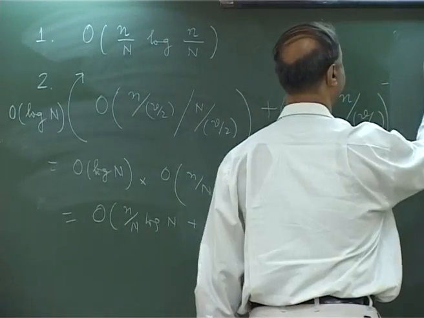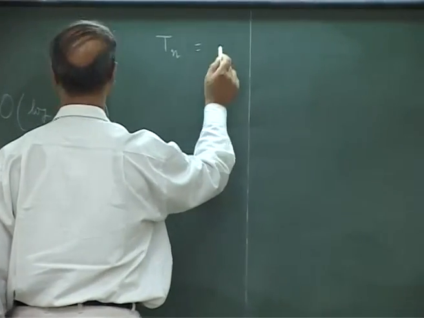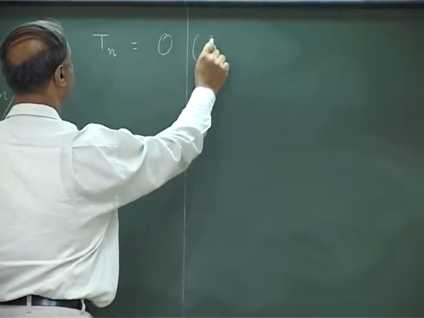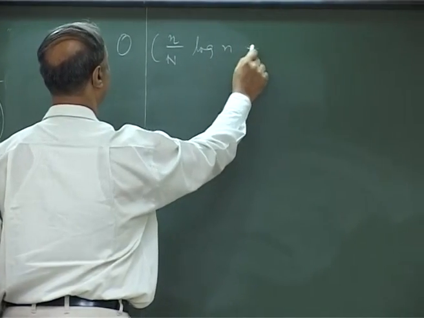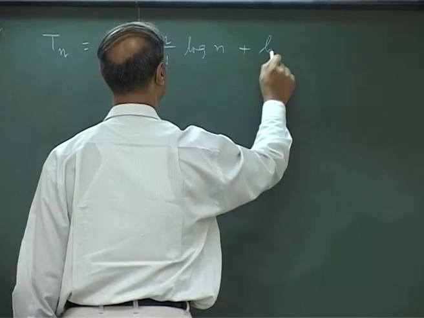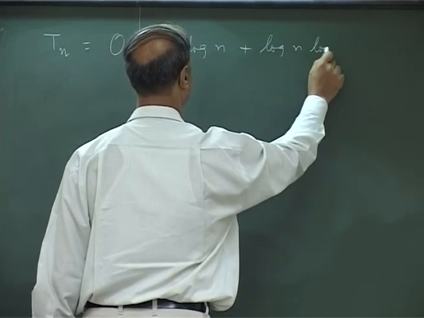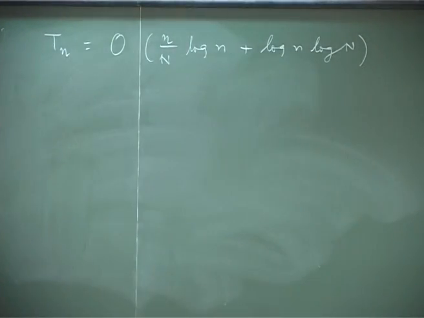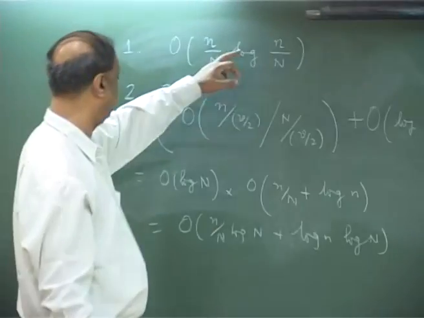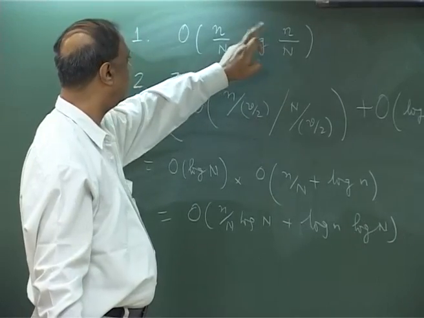So the Tn is order n by N log n plus log n log n, right? Because this is n by N and this is larger.